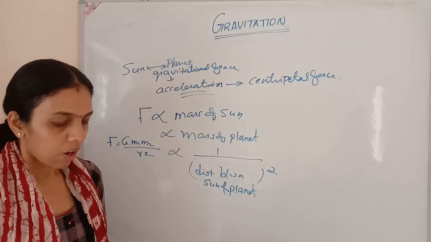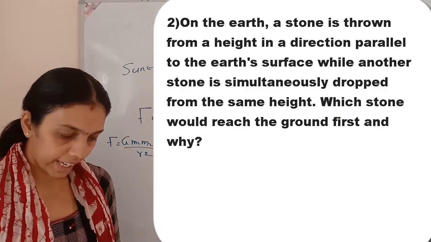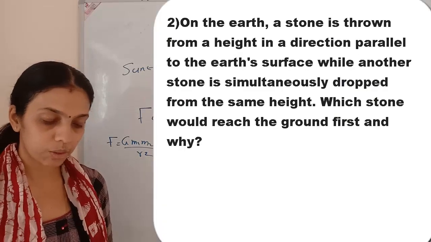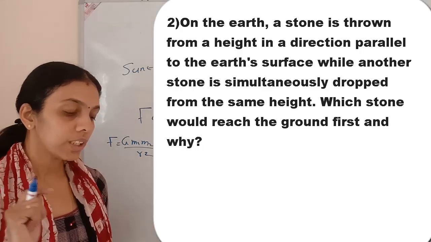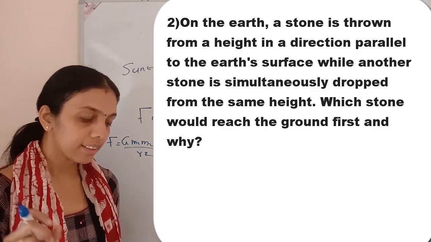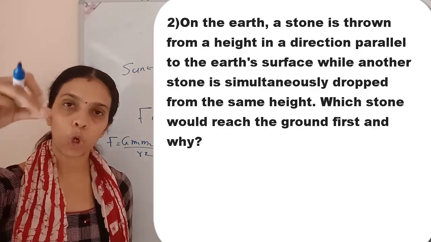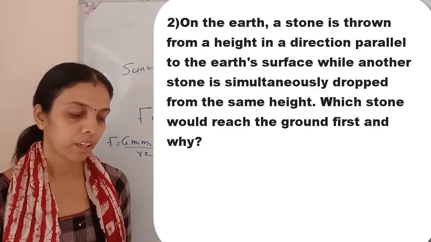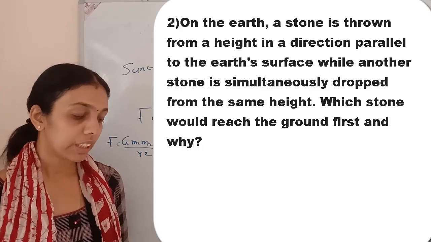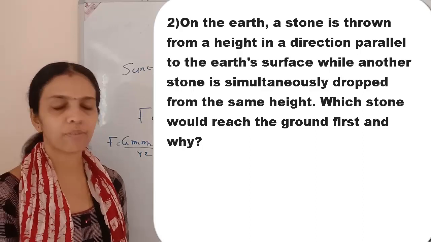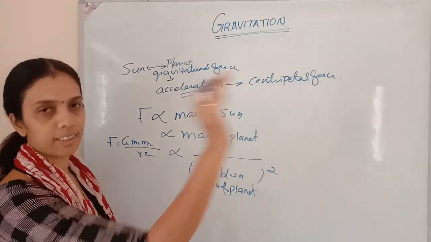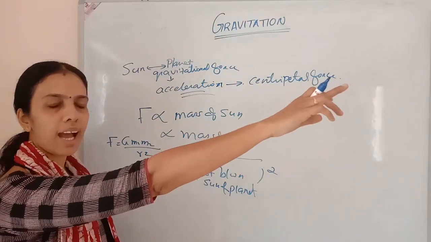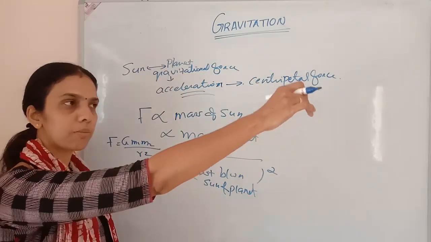Okay, next one. On earth, a stone is thrown from a height in a direction parallel to the earth's surface, while another stone is simultaneously dropped from the same height. Which stone would reach the ground first and why? Okay, if we are throwing a stone like this, what will happen when the velocity becomes zero?